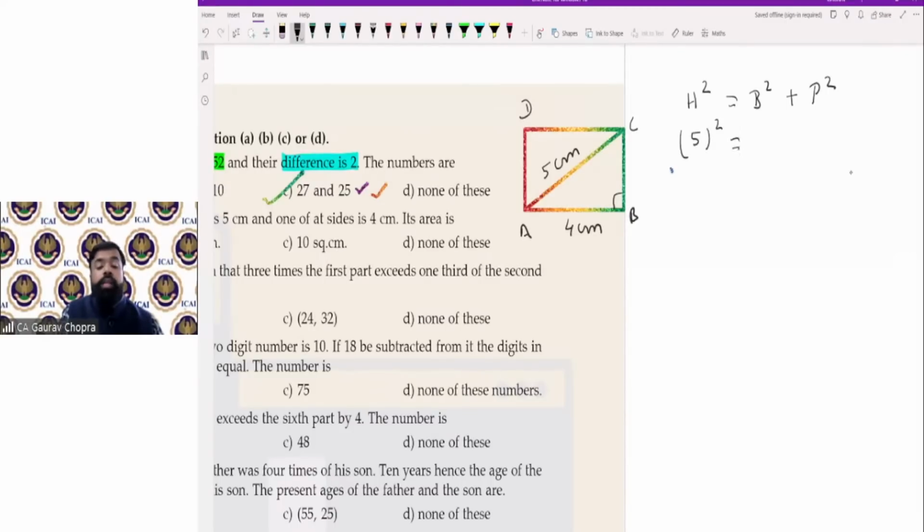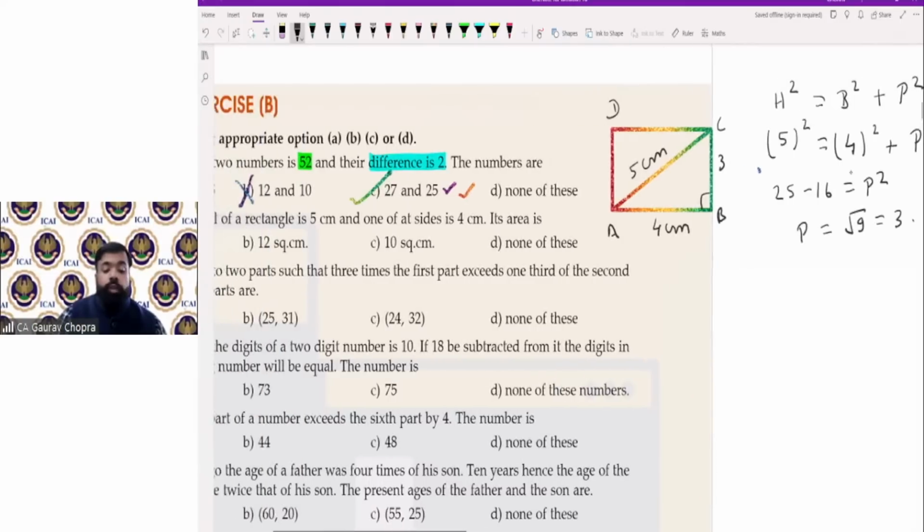So 5 square is equal to, what is base? Value of base is 4. So 4 square plus perpendicular square. So 25 minus 16. So from here, you can get value of perpendicular as 3. This is perpendicular. Now what is required? We require area. So how do we find the area of rectangle?